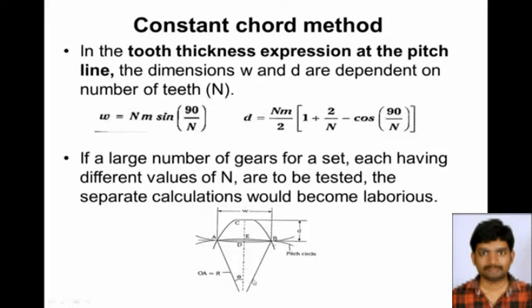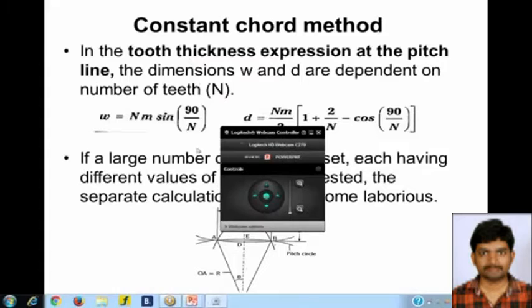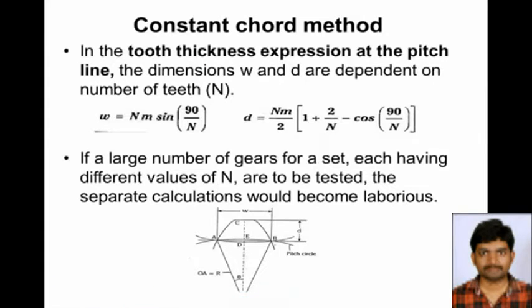So we can see here W means the chordal thickness which is measured at the pitch line at a depth of D. Now the expressions for the chordal thickness measurement and depth used for finding the tooth thickness: W equal to N m sin 90 by N, and D equal to N m by 2 times 1 plus 2 by N minus cos 90 by N. So these expressions contain the value N, that means the number of teeth.